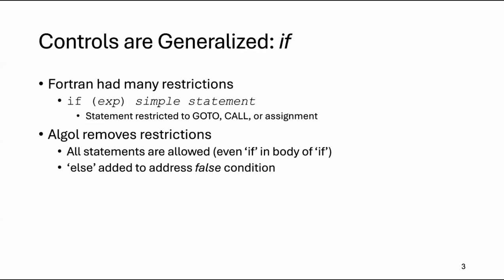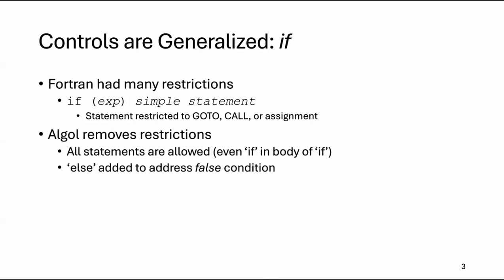So one important thing in Algol actually is that the controls are more generalized. For example, when we talk about the if statement, Fortran had many restrictions. If you have an if condition, an expression, and then a simple statement, the statement was restricted to go to, call, or assignment. That's what you're going to have next after the if condition. In Algol, it created more generalization.